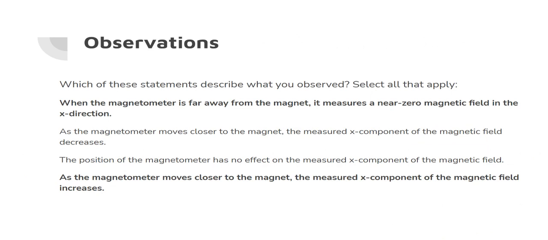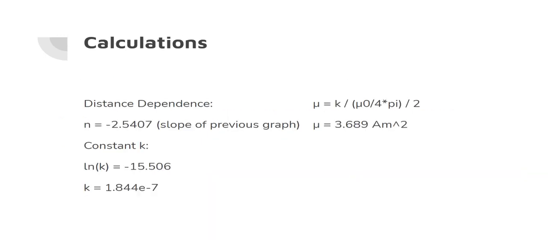For our observations, I observed that when the magnetometer is far away from the magnet, it measures a near zero magnetic field in the x direction. And as the magnetometer moves closer to the magnet, the x component of the magnetic field does increase.